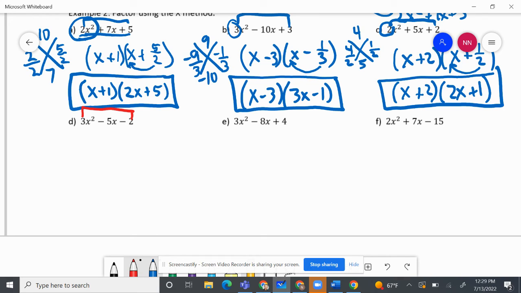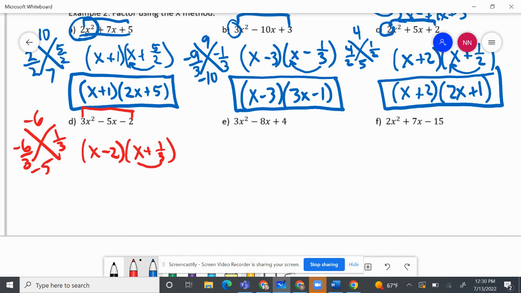3 times negative 2 gives us negative 6, negative 5. So two numbers that multiply together give us negative 6, add up to negative 5 would be negative 6, positive 1. We divide each of them by 3. And so that gives us x minus 2 and x plus 1/3.